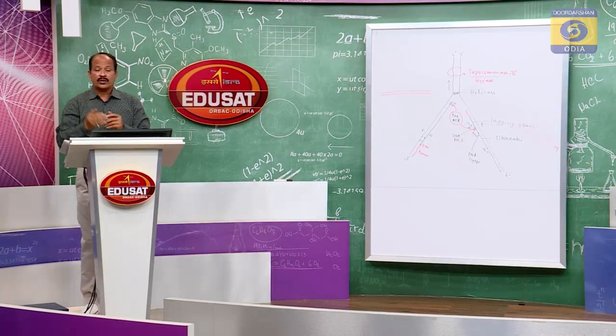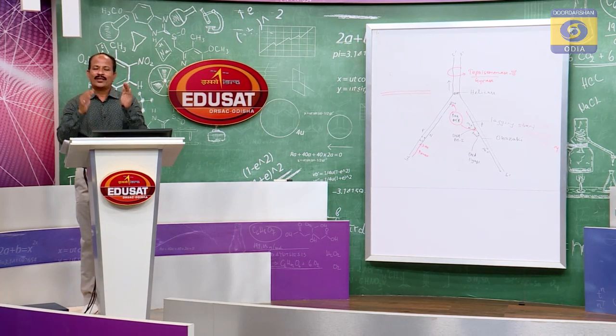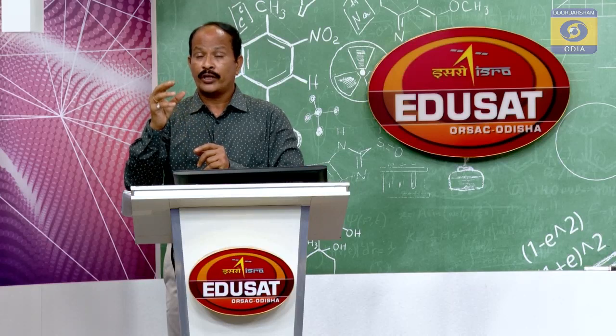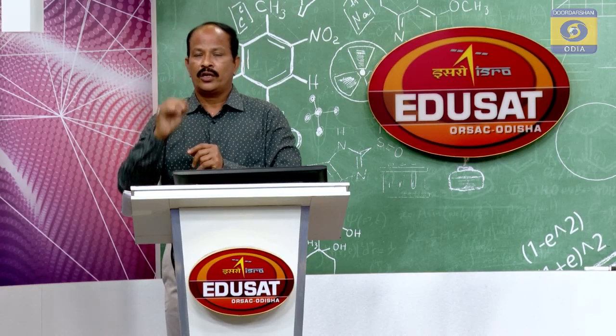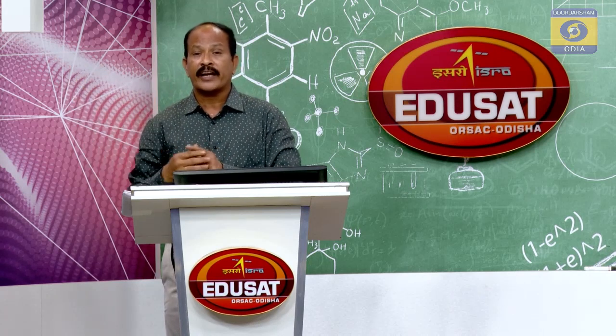And another major difference of eukaryotic DNA replication from prokaryotic DNA replication is that prokaryotic DNA replication is almost 2000 nucleotides per second. That means DNA polymerase 3 is very fast. It polymerizes 2000 nucleotides per second.